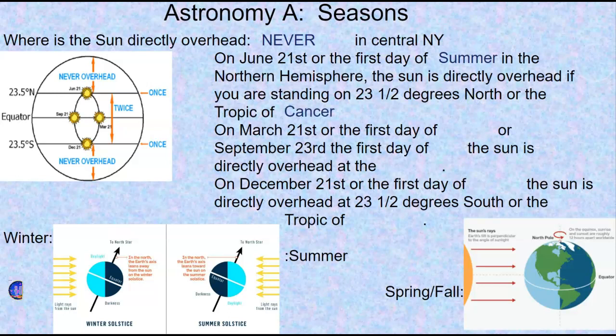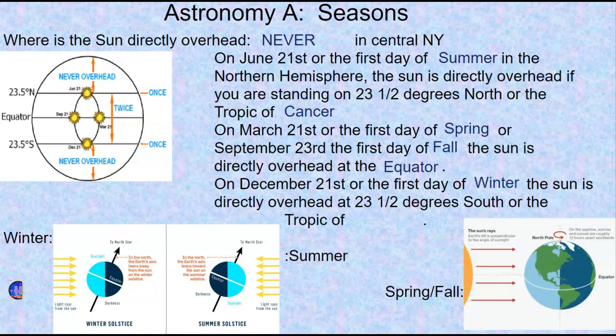On March 21st, the first day of spring, or on September 23rd, the first day of fall, the sun is directly overhead at the equator. And then for the first day of winter, the sun is directly overhead at 23.5 degrees south.